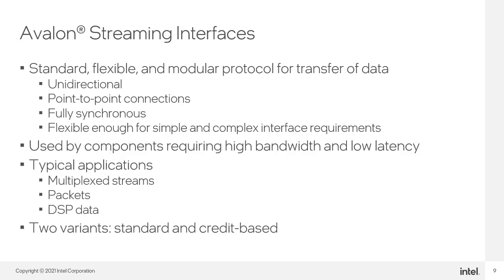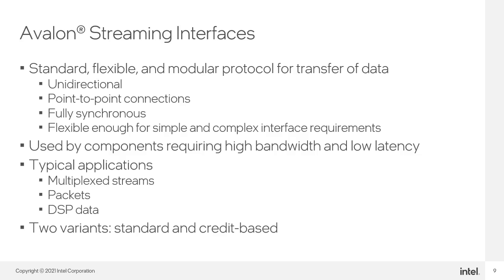We'll now look at the Avalon interface standards, starting with Avalon Streaming. The Avalon Streaming standard is used for high-speed, unidirectional, point-to-point data transfers. Like all standard interfaces, Avalon Streaming is fully synchronous and is flexible enough to support both simple and more complex transfer requirements.